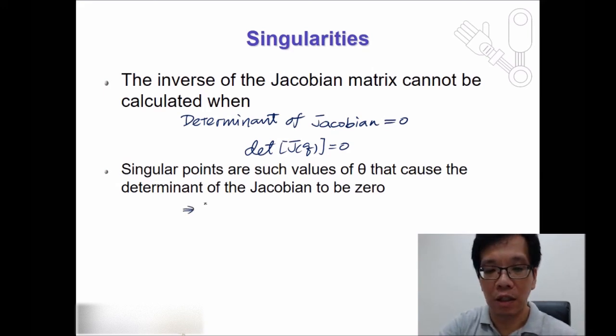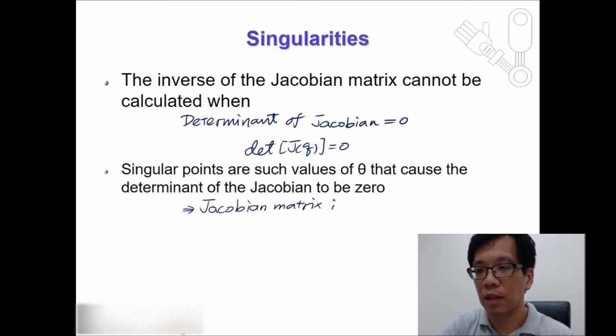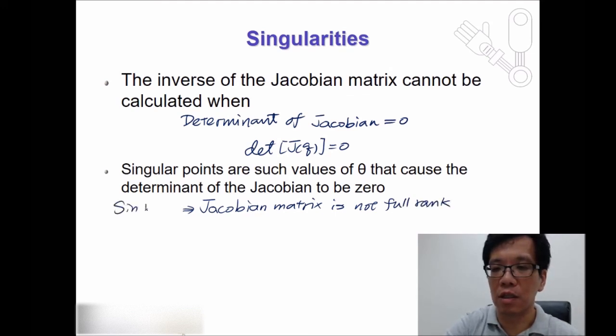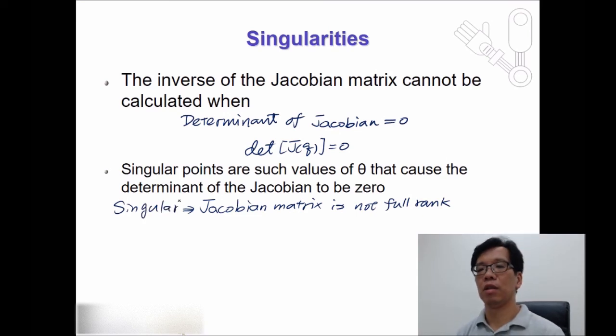It means the Jacobian matrix is not full rank, which means this thing is singular. This is something it might be a good idea to remember, these definitions in this module.